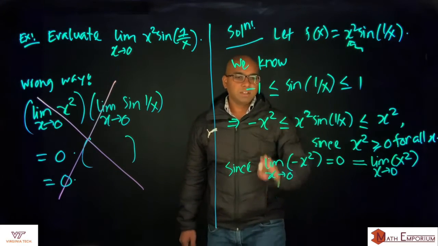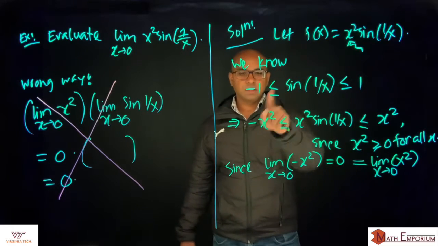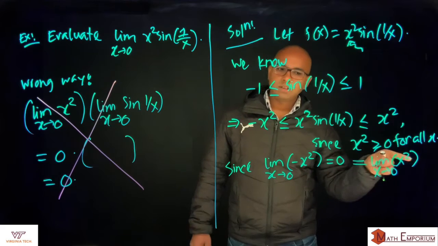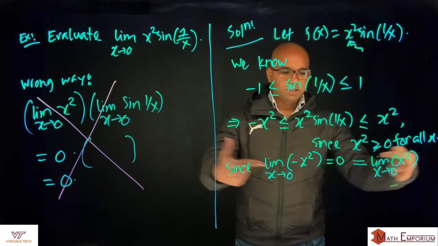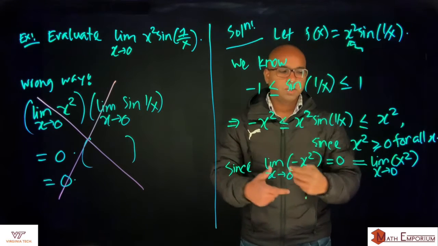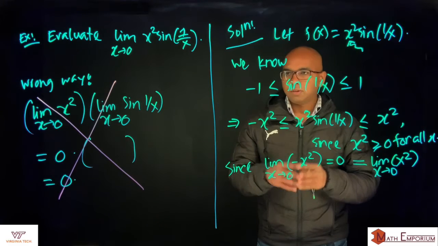Okay. Now this line seems like one line, but it actually says three things. First it says this function on the left has a limit. And then it says the function on the right also has a limit. And finally it says those two limits agree, they are the same. So in one line we actually capture three pieces of information, and that means all the hypotheses of the squeeze theorem are satisfied.